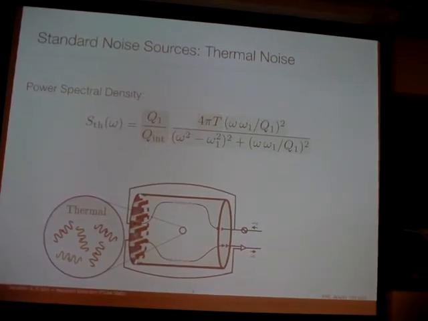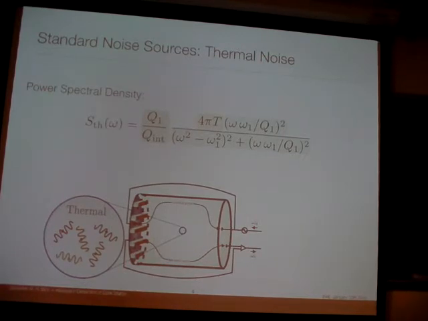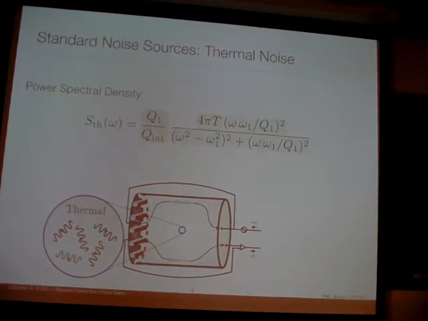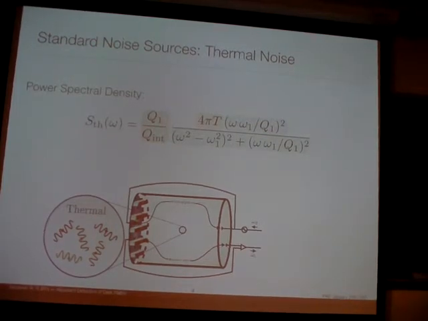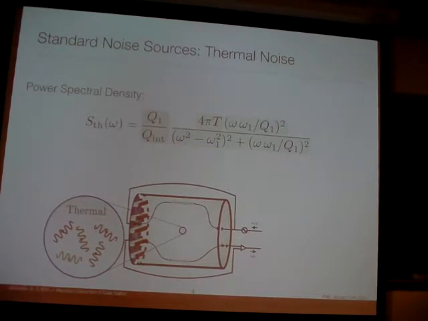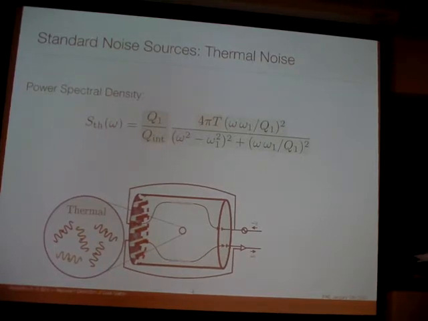So 1 over the quality factor of your signal mode Q1 is like 1 over the intrinsic quality factor of your cavity, or your unloaded quality factor, plus 1 over the quality factor of whatever you're doing in order to couple to that cavity to be able to read it out at all. And as we will see later on, I'm going to actually want Q1 and Q couple to be close to each other, and Qin to be a little bit higher than both.